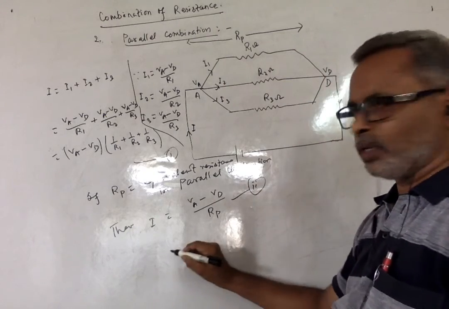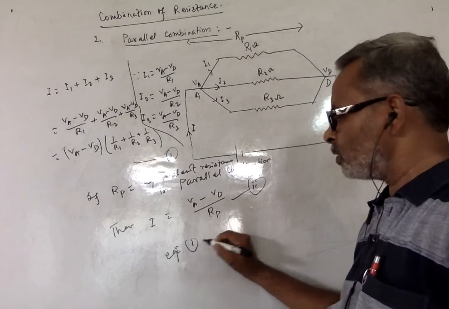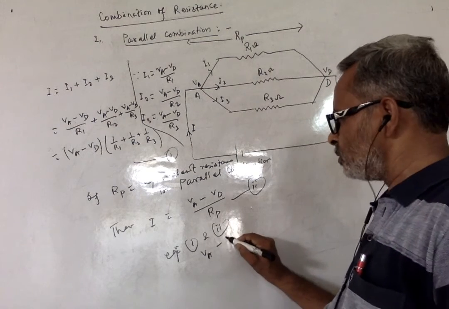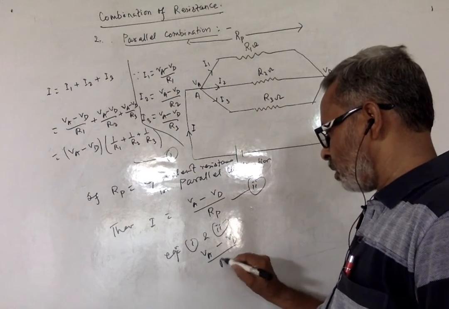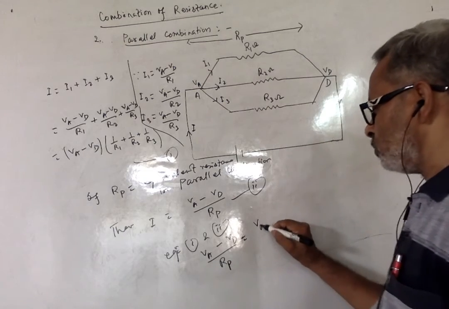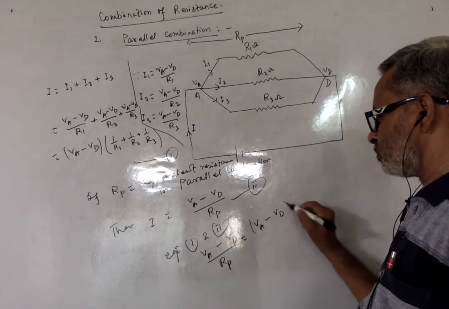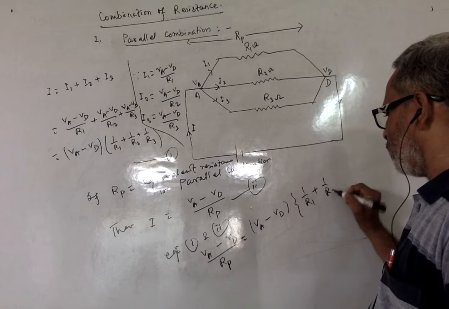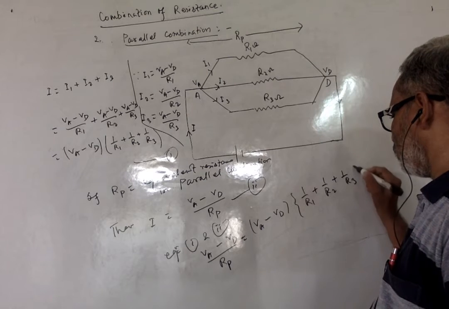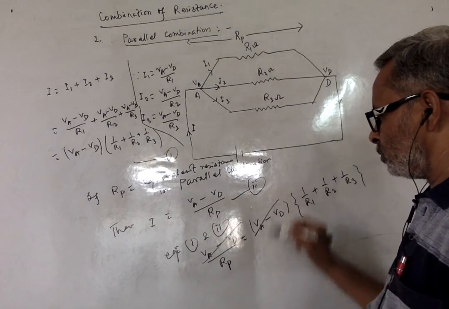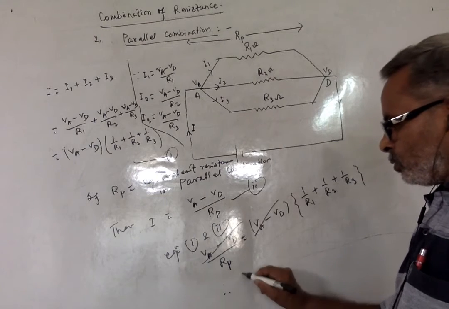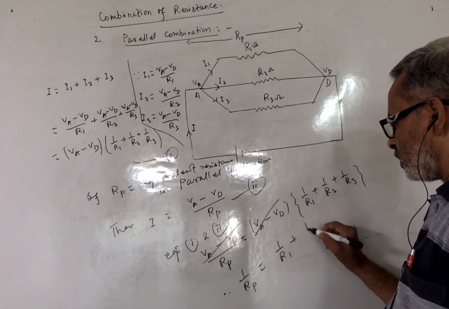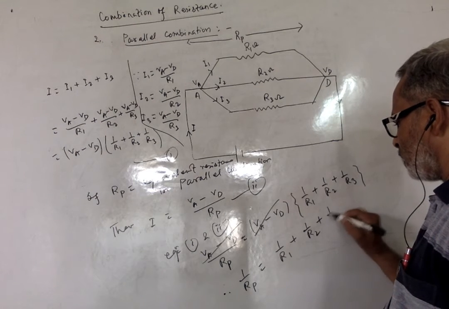Now equating equation first and second, VA minus VD by Rp equal to (VA minus VD)(1 by R1 plus 1 by R2 plus 1 by R3). Therefore, 1 by Rp equal to 1 by R1 plus 1 by R2 plus 1 by R3.